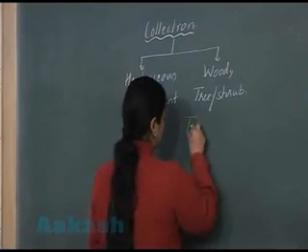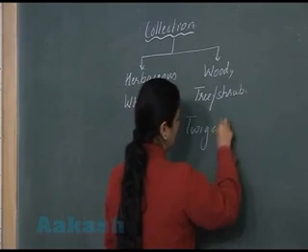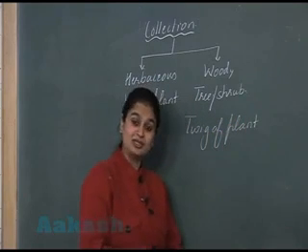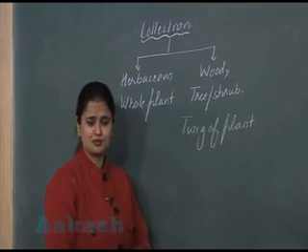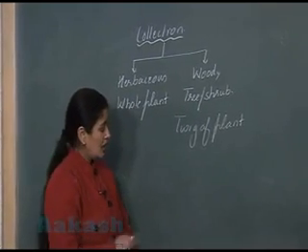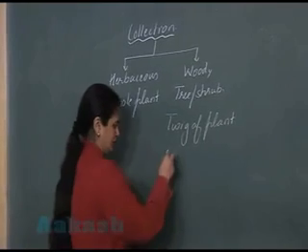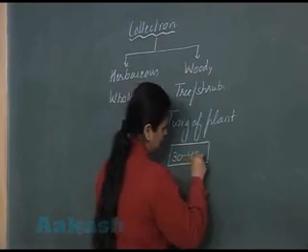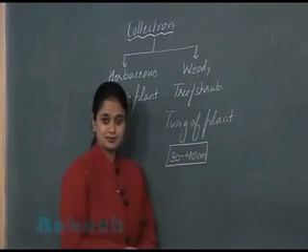So in this case only a twig of the plant is collected. The twig should show features like leaves, fruits and flowers of the plant. Now the size of the twig should be from 30 to 40 centimeter.